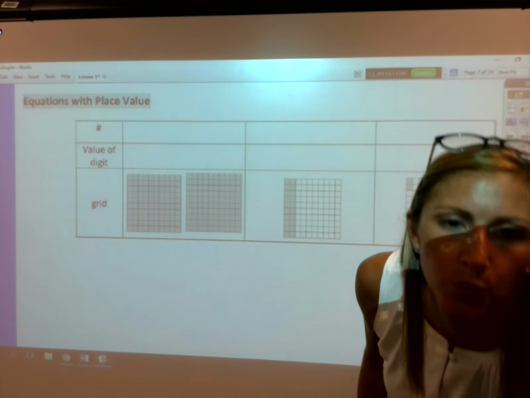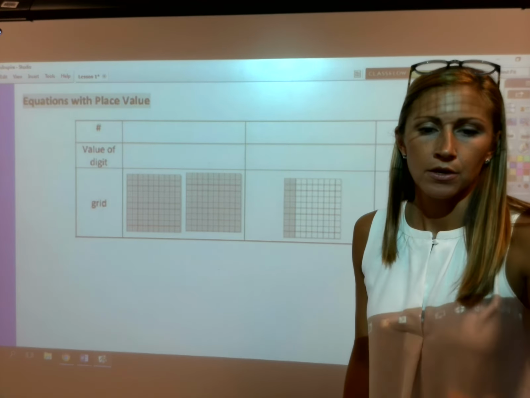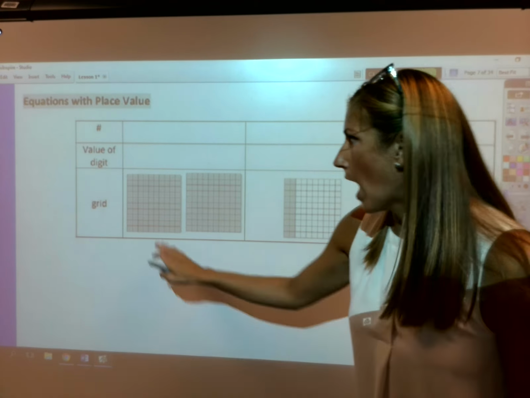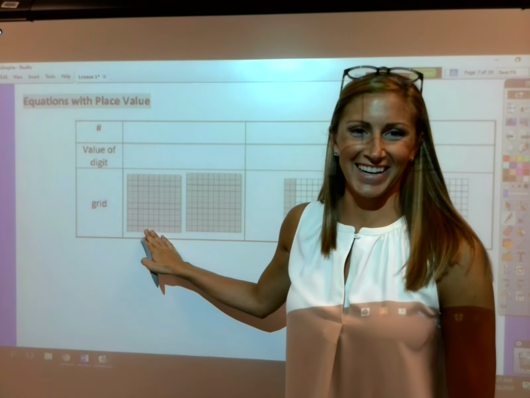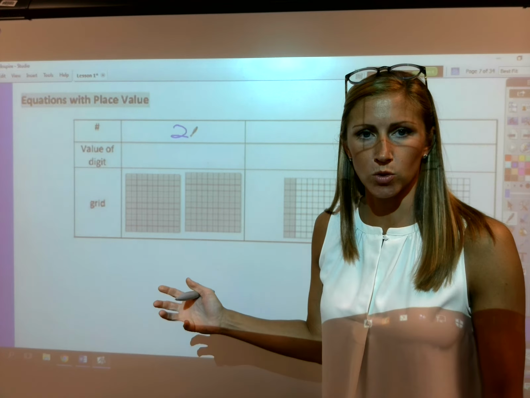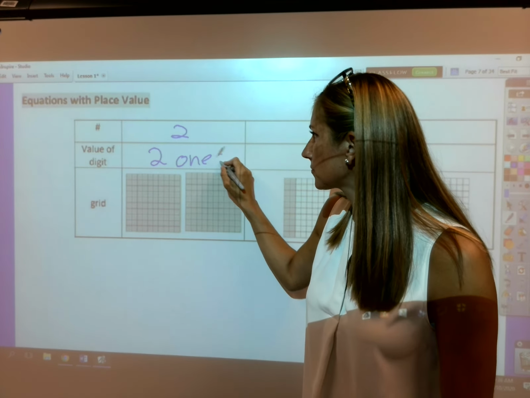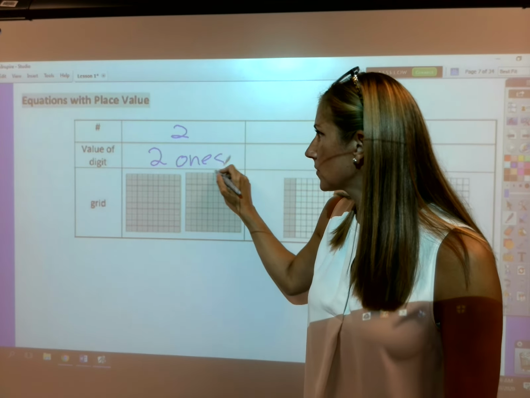So if this was 100th and this was a 10th, how much shaded in this one? A whole, right? And so if this is a whole and this is a whole, we have our number is 2. 2 wholes, right? So we have 2 ones is the value of our digits.